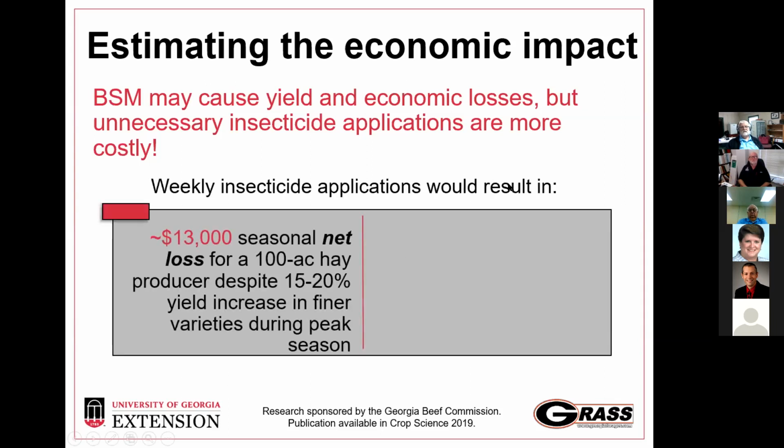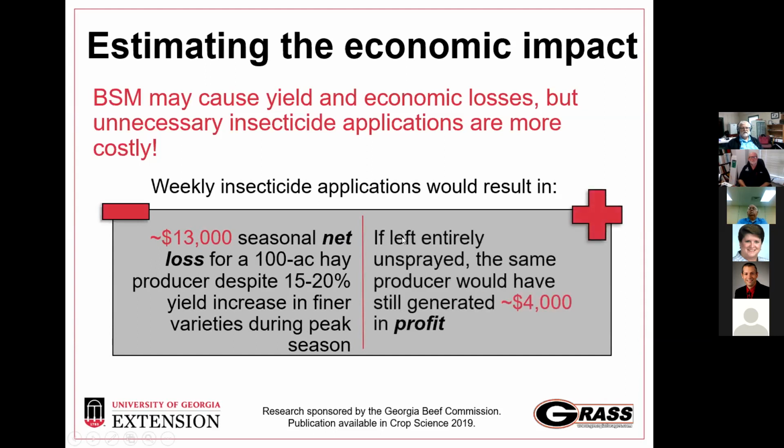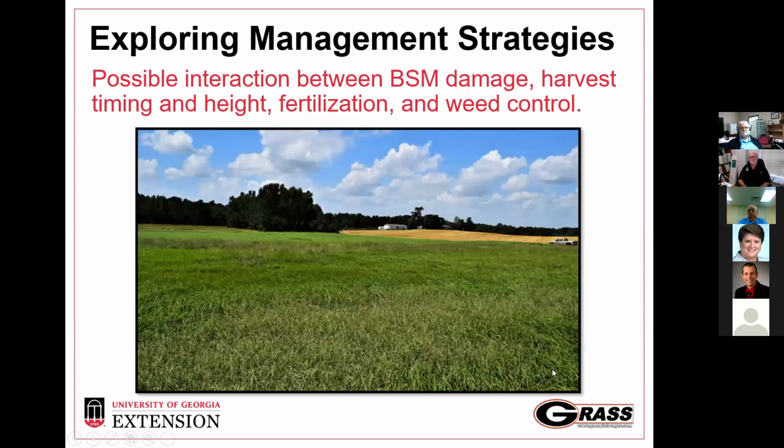So weekly insecticide applications would result in a $13,000 net loss, despite a 15 to 20% increase in the yield of those Bermudagrass varieties. If left entirely unsprayed, the producer would still have a hay crop that he could sell with about a $4,000 profit.